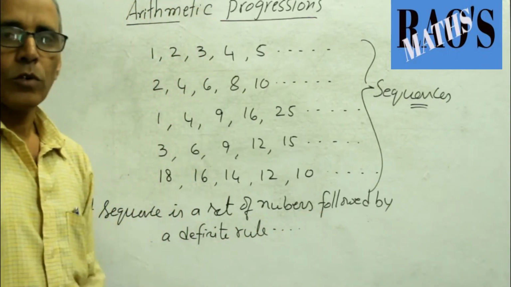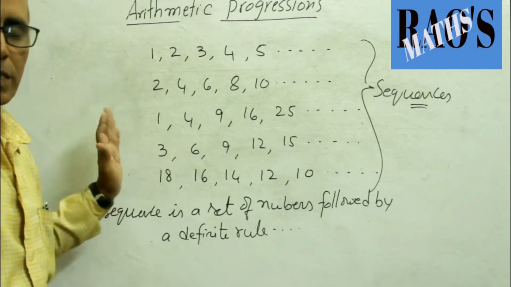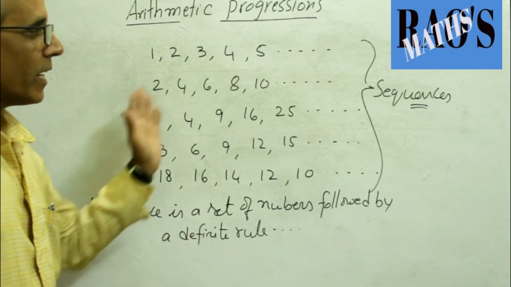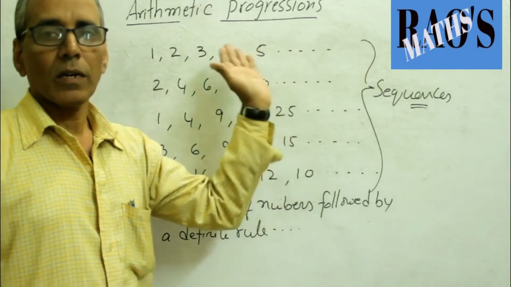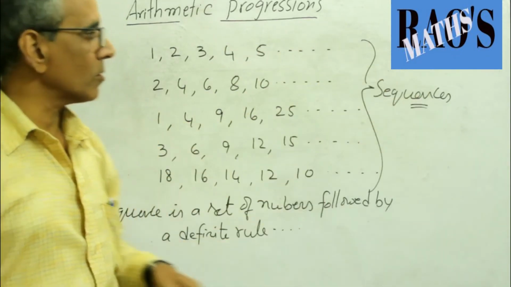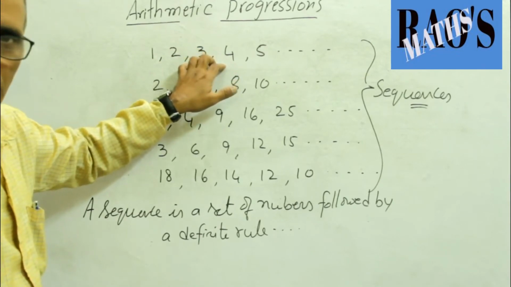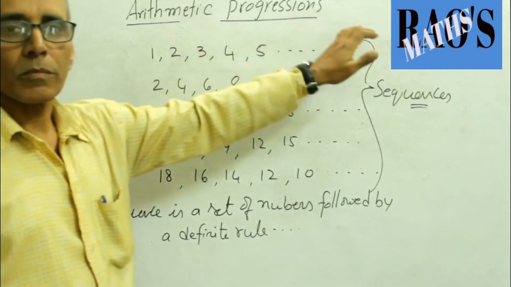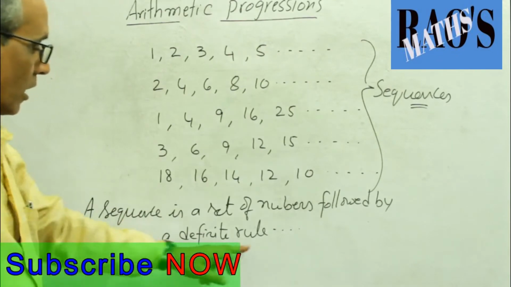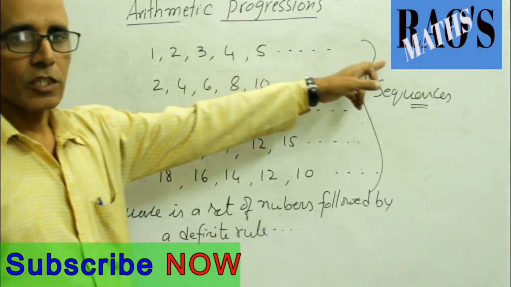If we derive a rule for each and every pattern described here, we can write any member in the series. Suppose in the series we have 1, 2, 3, 4, 5 terms in the sequence. What is the 10th term? If I derive a rule, I can write the 10th term.